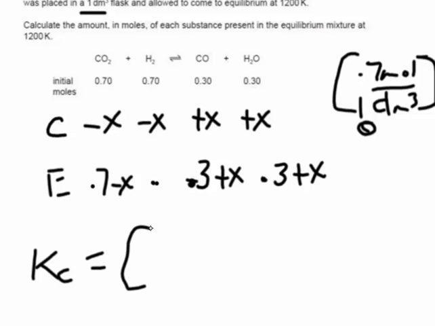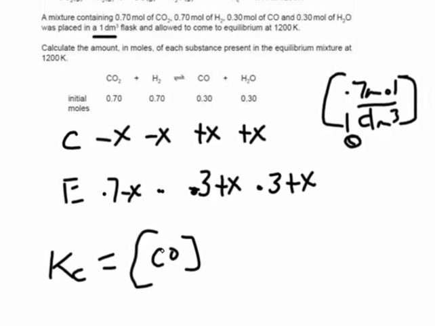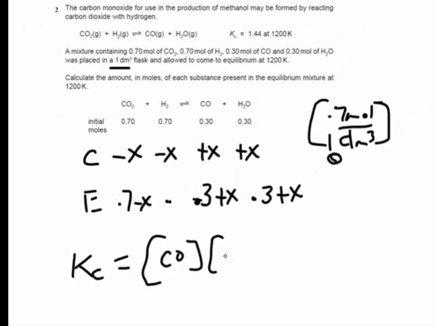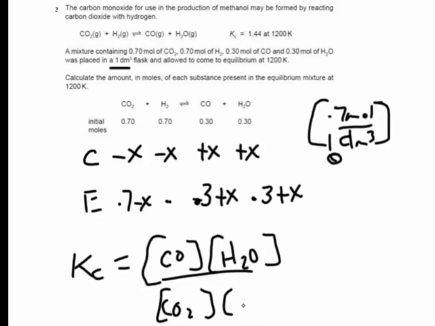We know the equilibrium concentration has to be our products over our reactants, so I have the concentration of CO2 and the concentration of H2. We're dividing that by the concentration of CO and the concentration of H2O. So once again, it's concentration of products divided by concentration of reactants.